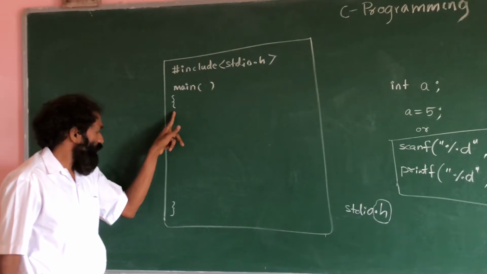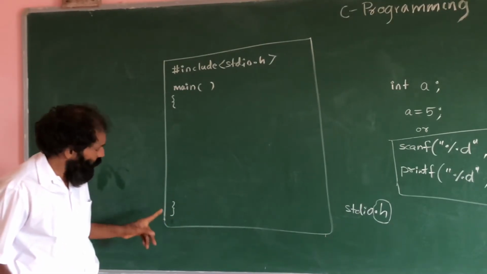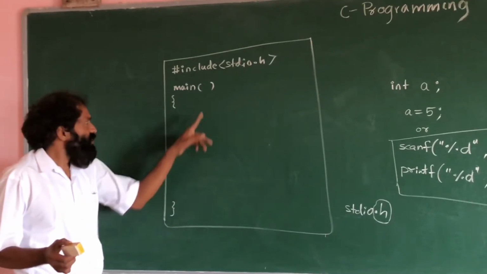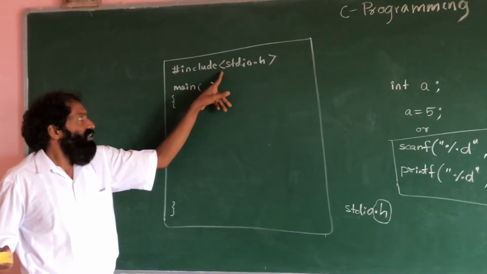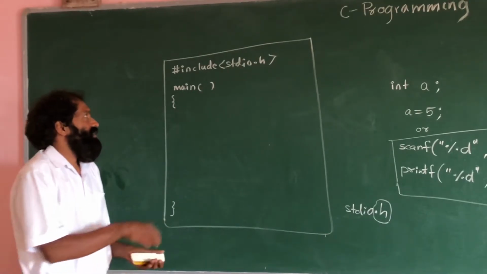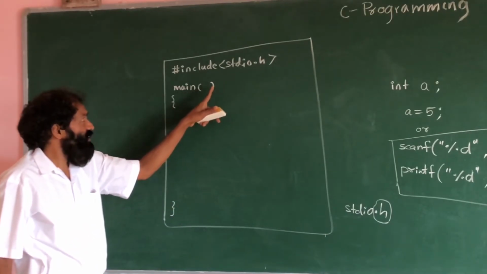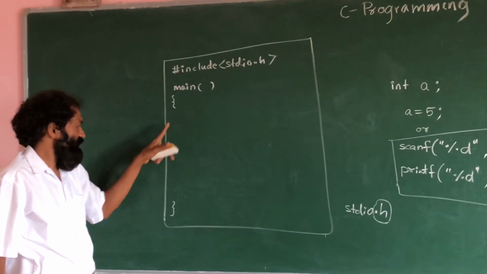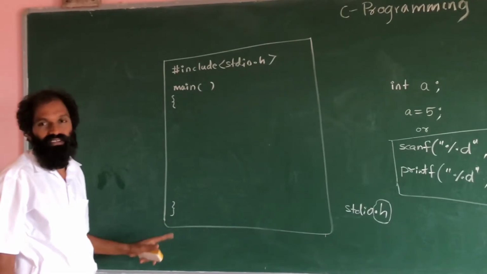We have to open a flower bracket, and you have to close it. Whenever you open a flower bracket, you have to close it. Whatever brackets you have opened, you have to close. Here open, here closed. This is an angle bracket, right? This is opening, this is closed. This is an angle bracket, this is a parenthesis, this is the left brace, and this one is the right.